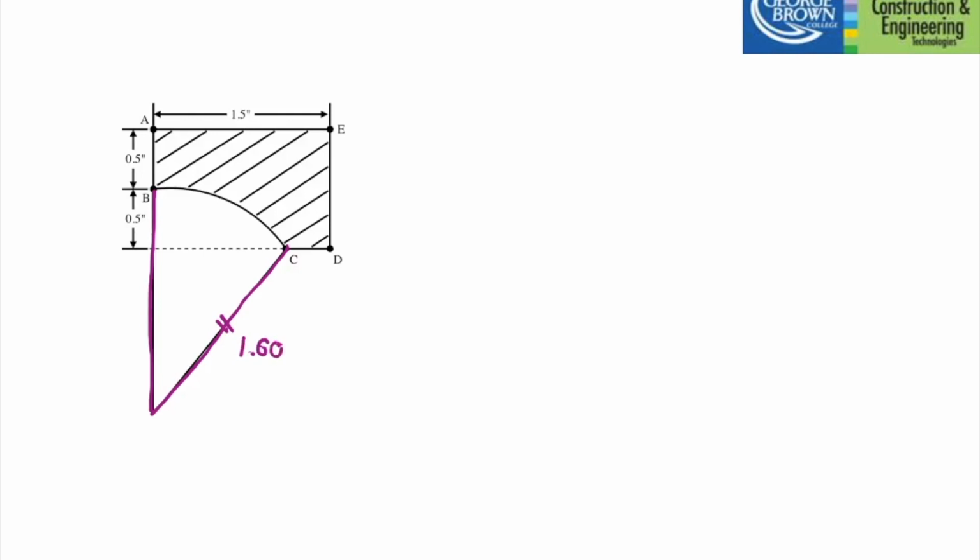I needed to exaggerate the figure so that I could fit my annotations nicely. So that length there, can you see how much it is? Well, if this is going to be 1.6, you have to take away the half, and that leaves you left over 1.10 inches.